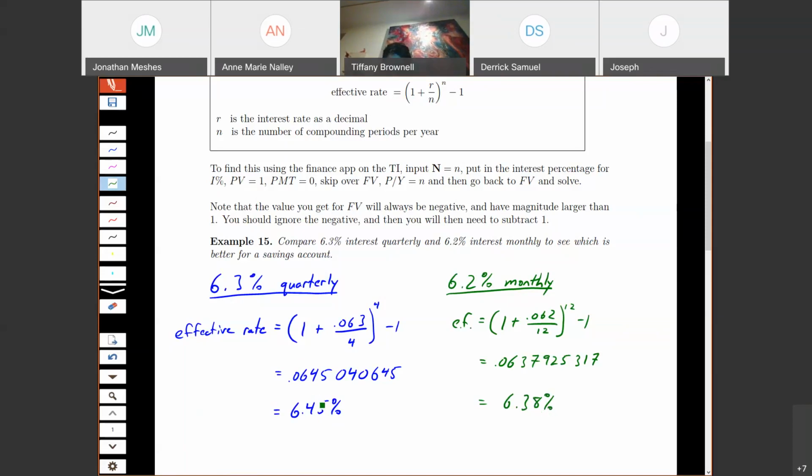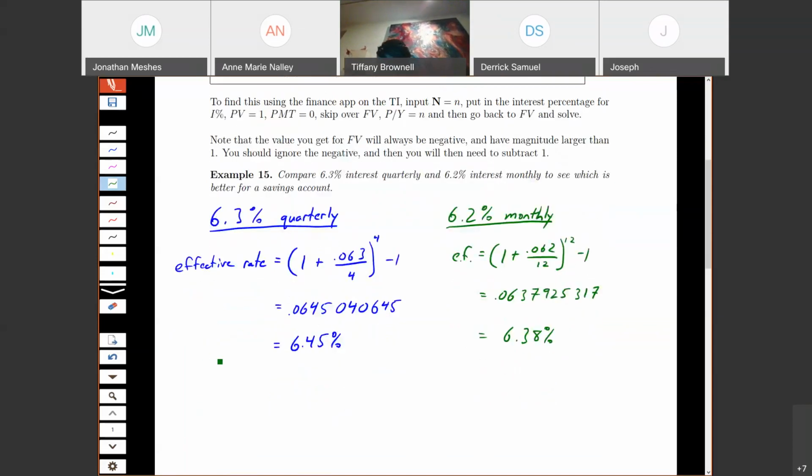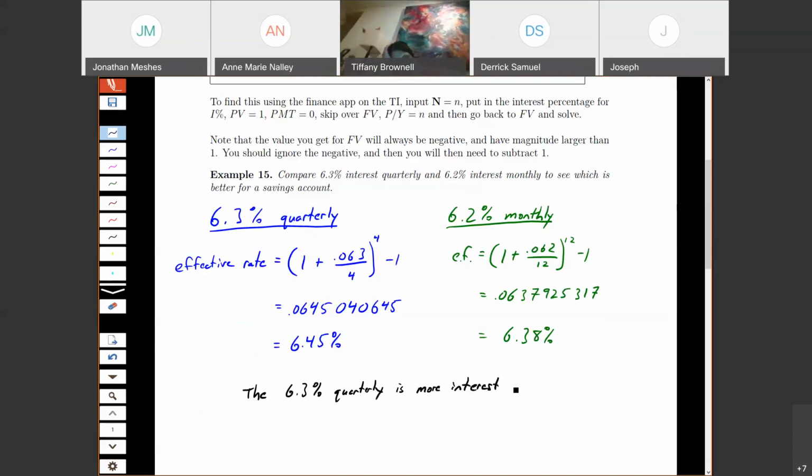So I can see that the 6.3% quarterly wins out by a tiny bit. So that's how we can make comparisons, by doing this effective rate business.